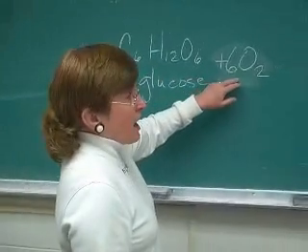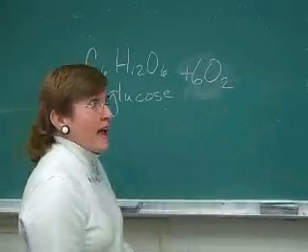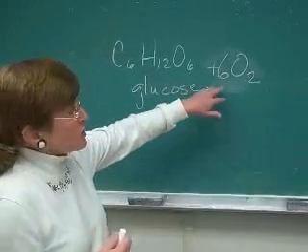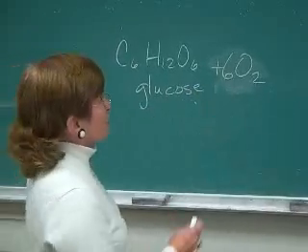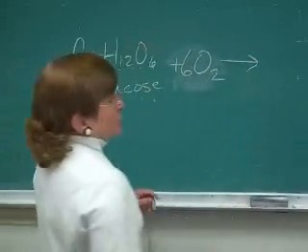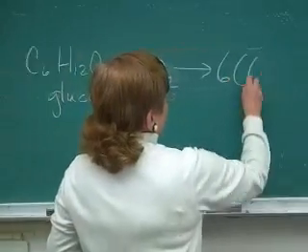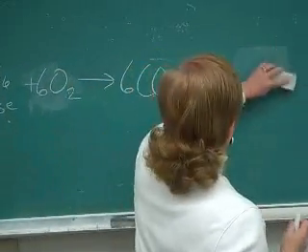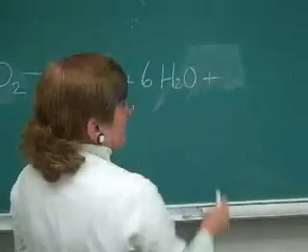When glucose is oxidized by aerobic organisms which have an electron transport system and which use oxygen as the final electron acceptor in that transport system, we're able to break down that glucose molecule into 6 carbon dioxide molecules and 6 water molecules.